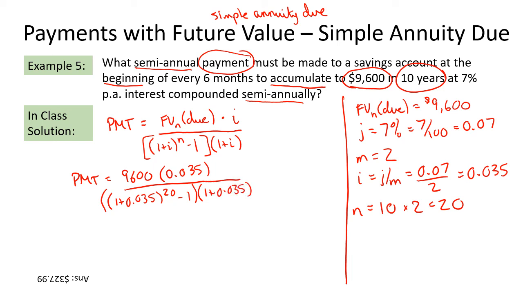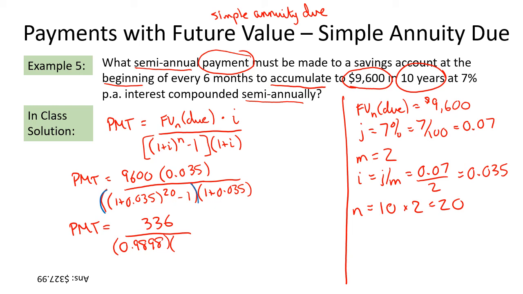Okay, so doing this in steps, and again, making sure that you do everything correctly, our payment is equal to 336 in the numerator, divided by this first term, okay, the 1 plus periodic interest rate to the exponent 20 minus 1. If you calculate that out, you get 0.9898.